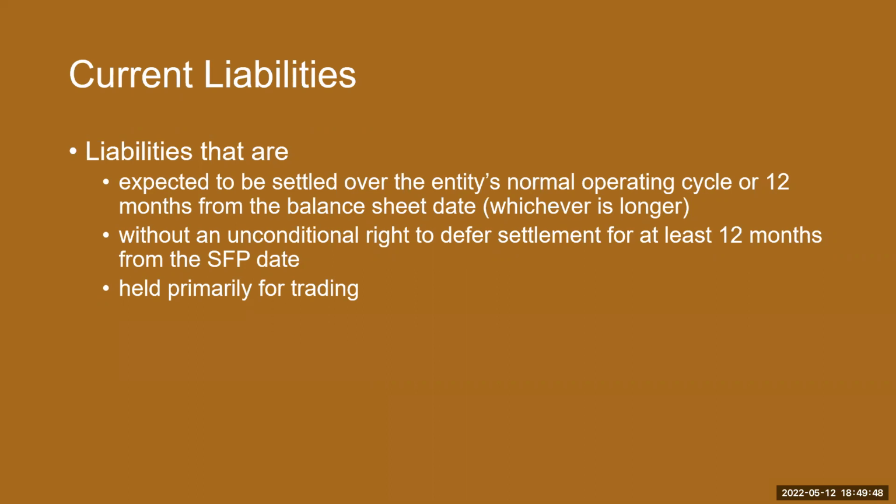There's a third category that could apply here as well, and that is if the liability is held primarily for trading. Now, it's a very rare instance. It's like when you're getting into some kind of options trading, forward contracts, and all. Depending on the way the price movements change, you may have done some kind of short selling, right?